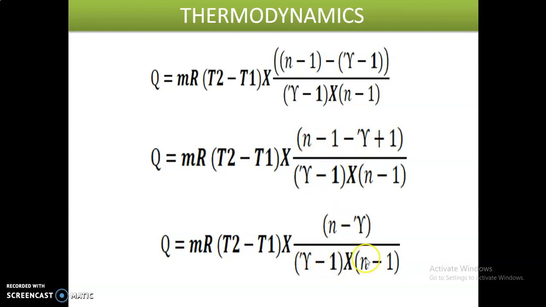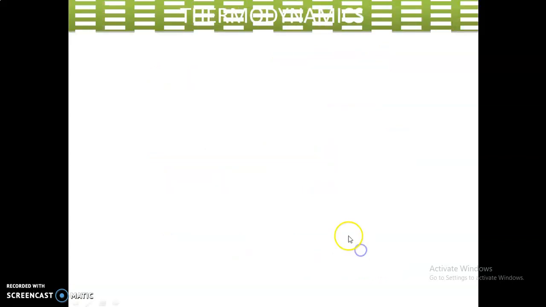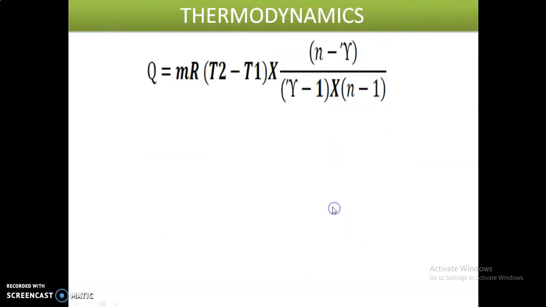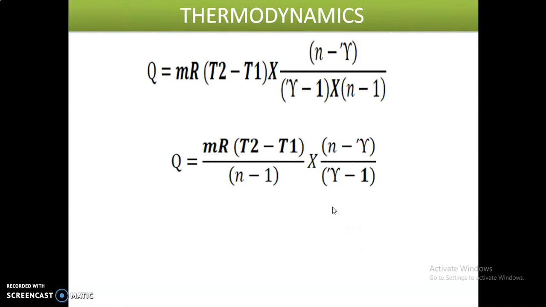Okay, so I hope you understand. See here, the total heat transfer in a polytropic process is equal to mR(T2 minus T1) into (n minus gamma) divided by (gamma minus 1)(n minus 1).